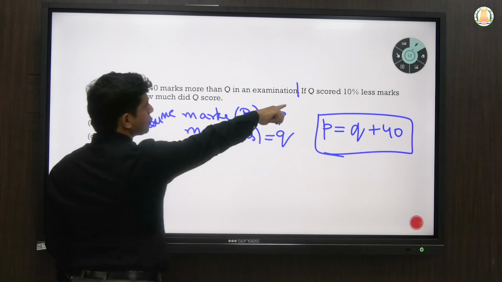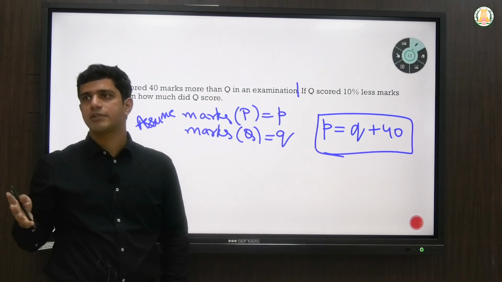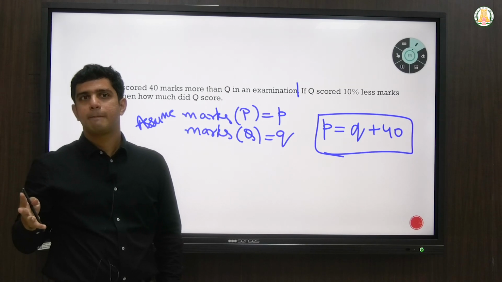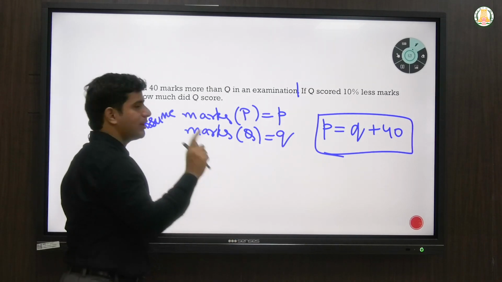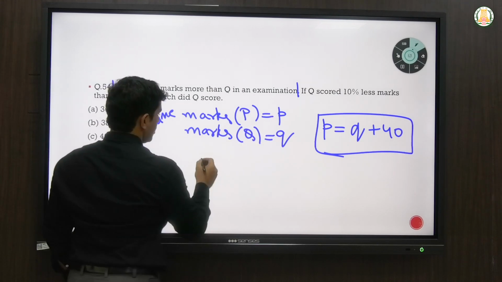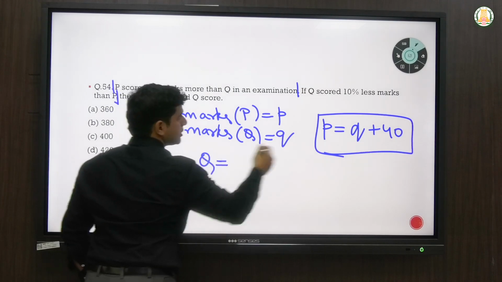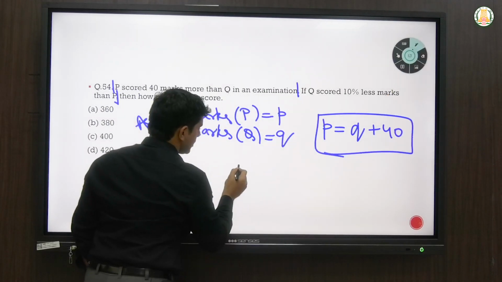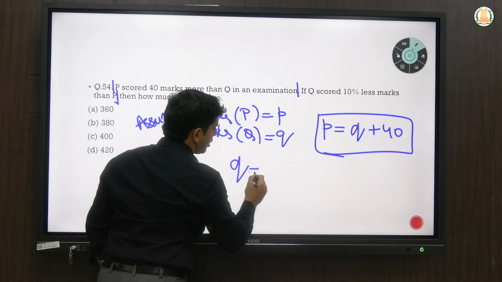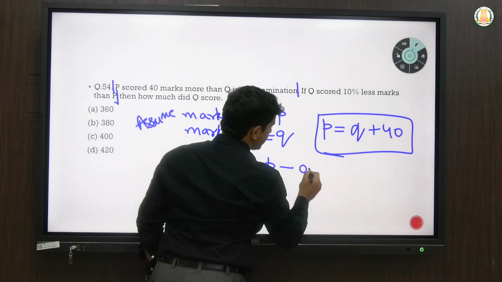So Q scored 10% marks less than P. So what is 10% of marks of P? 0.1 P, because we know 10% is 0.1, and marks of P is P. So Q will be, let's say, sorry, this is small q. So what is he saying? Q scored how much ever P scored minus 10% less of it.